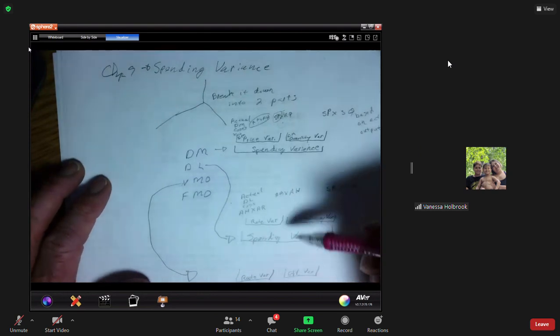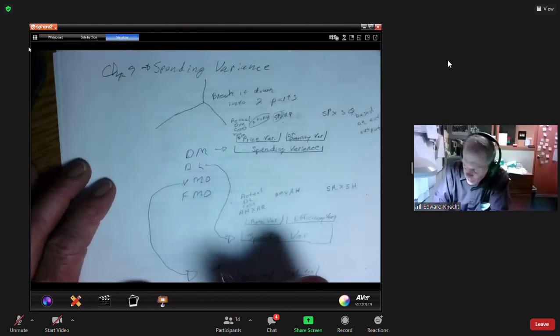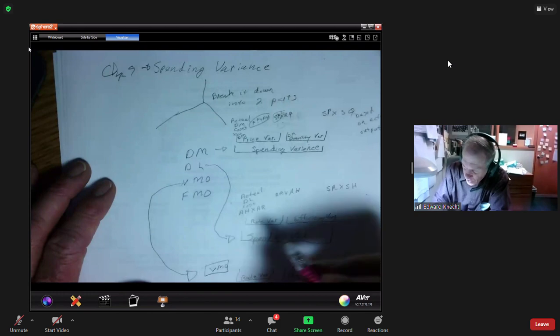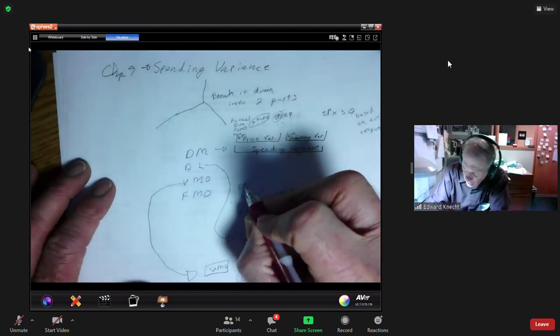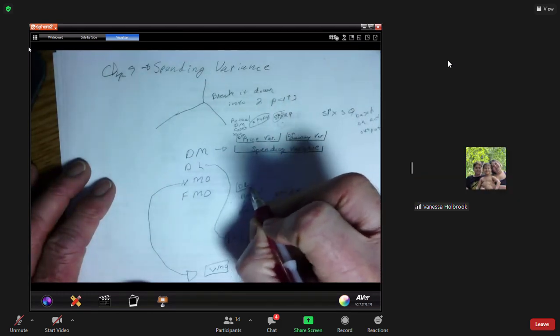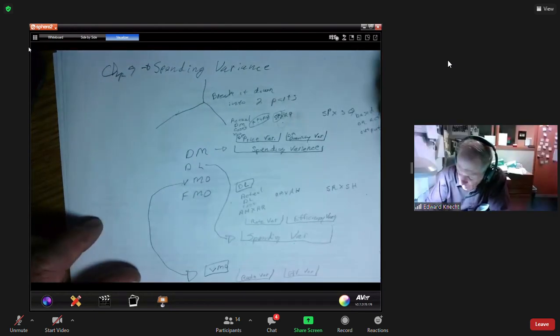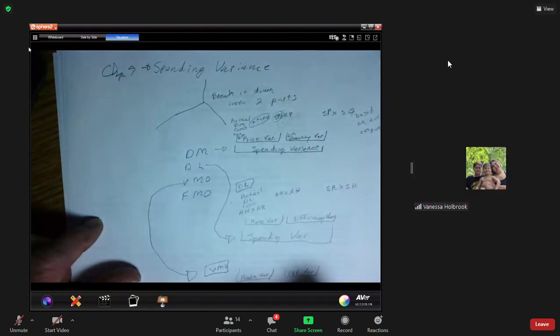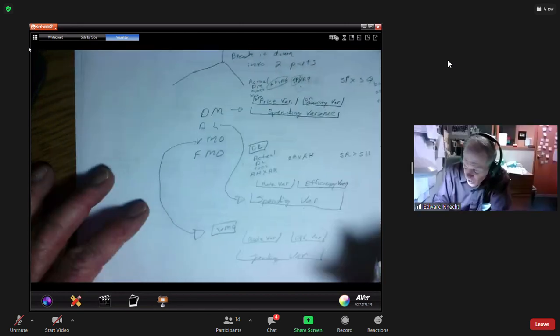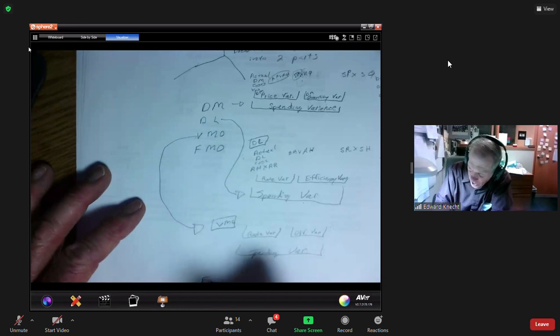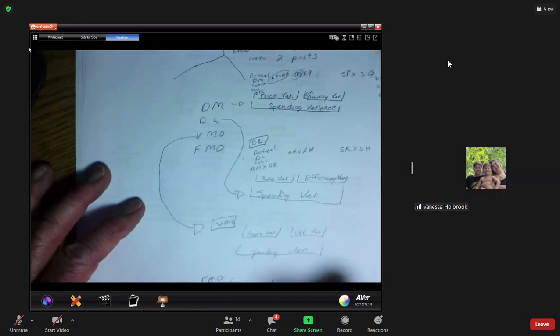And for variable manufacturing overhead, we're using our predetermined overhead rate for variable manufacturing overhead. So this is in chapter 10, and then the appendix to chapter 10 looks at the fixed manufacturing overhead. This is the one that's different because it's fixed.